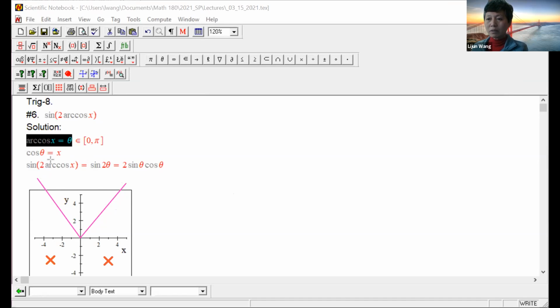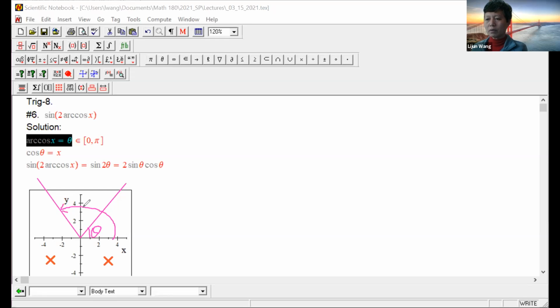So from this assumption, cosine theta equals x, we know that this is theta, and of course the other one could be theta.